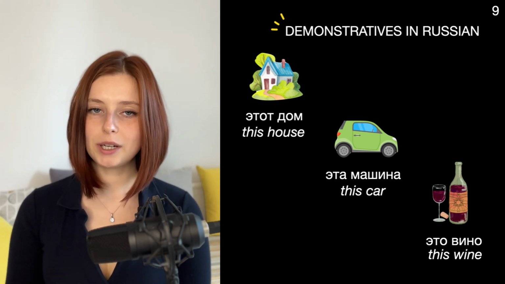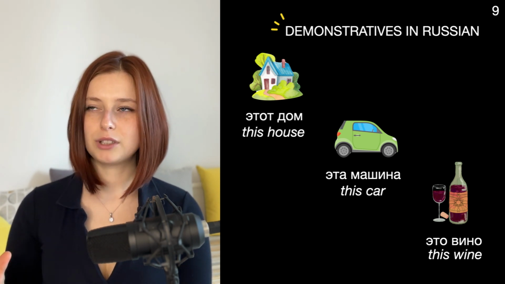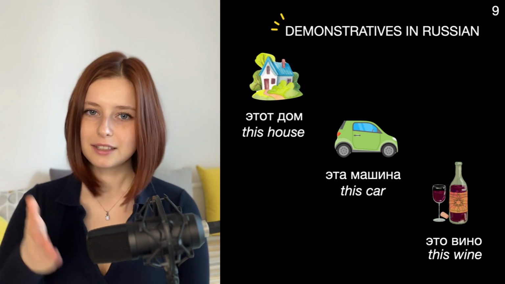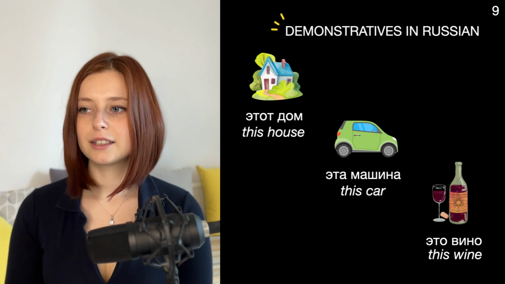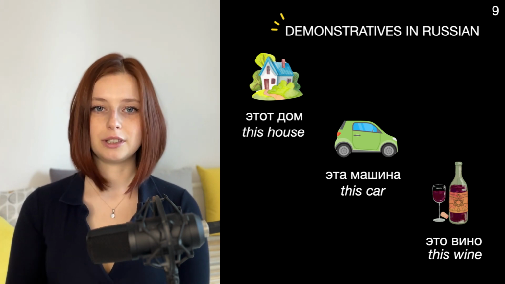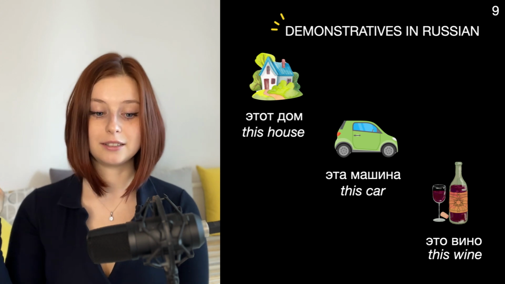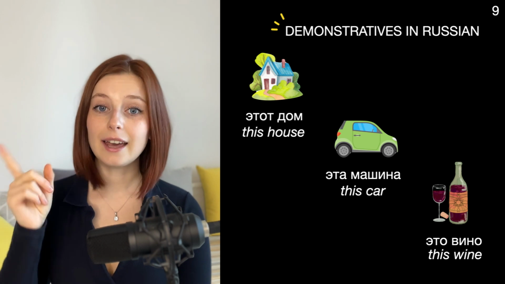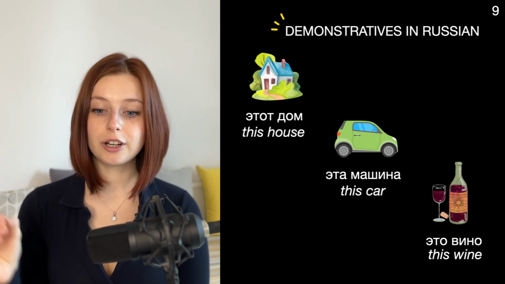Normally, in nominative case, those demonstrative pronouns, like this, that, okay? So this in Russian for masculine is этот, basically this one. Feminine, эта, and neuter, это.